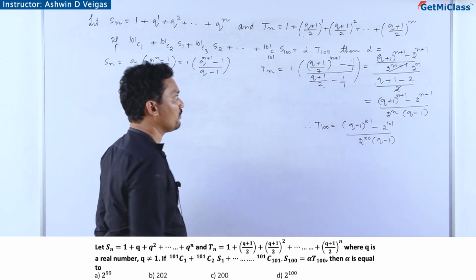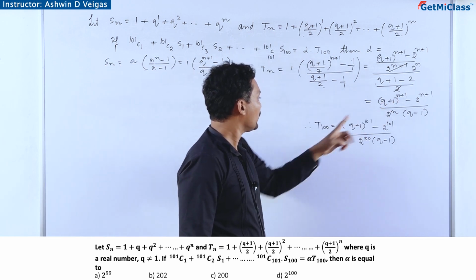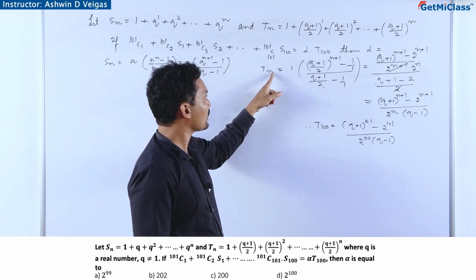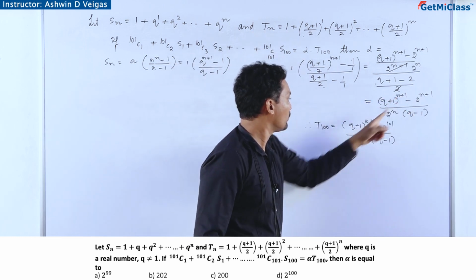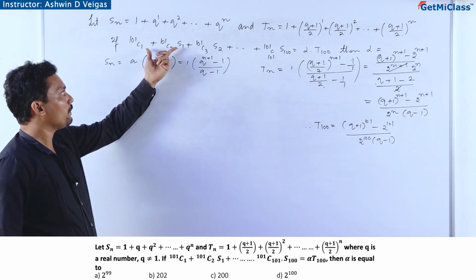So this is what we get. Just note that we want T suffix 100, so the value of n should be put as 100. Now we will go back to the main question.